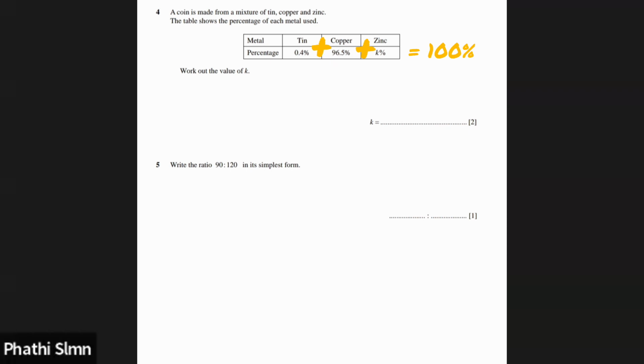And now we are asked to find our zinc. Our zinc, they say it's K%. So the total should give us 100%. So now, how are we going to find our K?